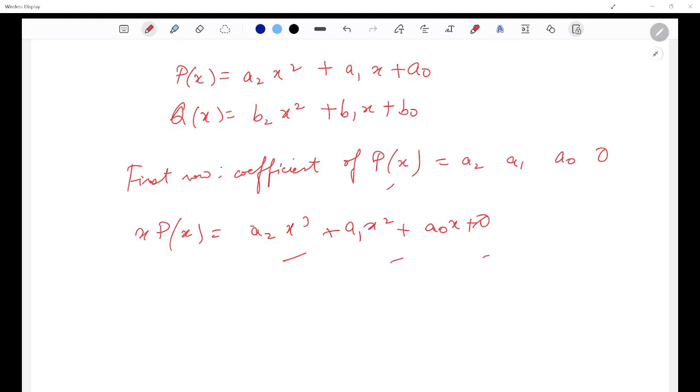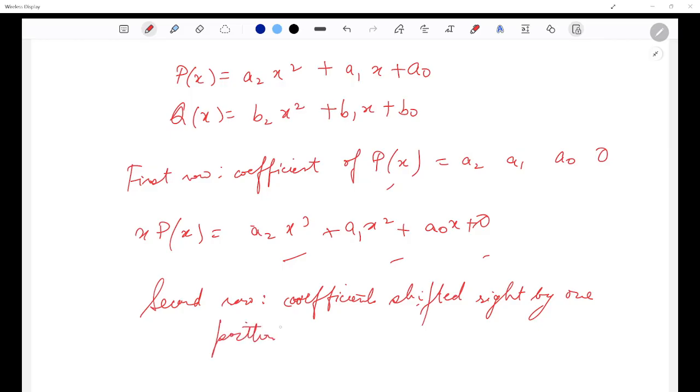Okay, let's check on the shifting. Second row, coefficients shifted right by one position.